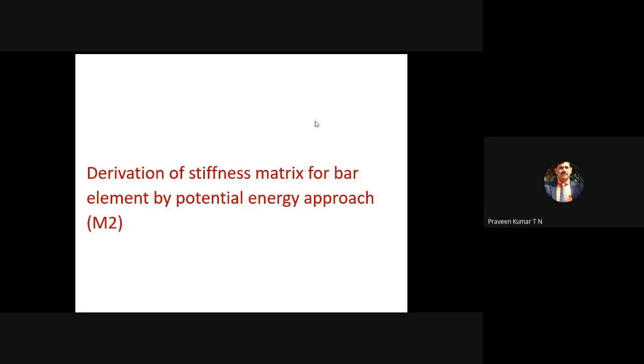But as per our definition, the potential energy functional is considered, and the system comes to equilibrium only when the energy of the system is minimum, or there is no change in the energy. That's why you write KQ is equal to F.